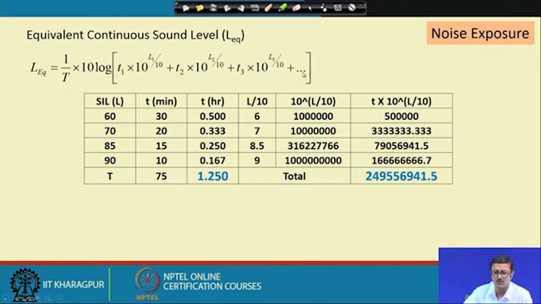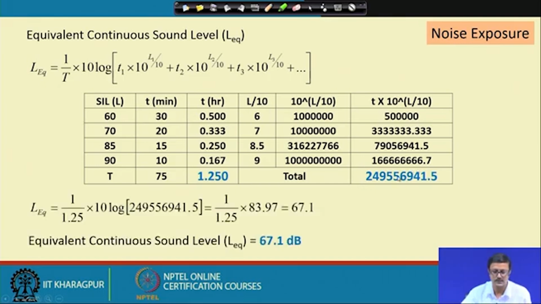You have to add this T1 multiplied by 10 to the power L1 by 10 number. So, there is a huge number, and next is the logarithm of that times 10, which is 83.97, and that has to be divided by capital T.